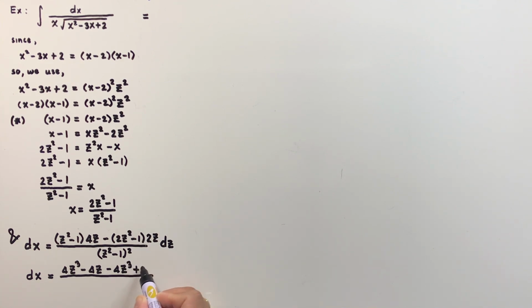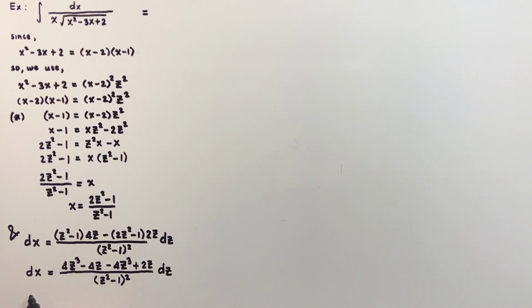And this is added to 2z here with a denominator of z squared minus 1 quantity squared here. So therefore, our dx is equal to the negative 2z, because this 4z cubed and the negative 4z cubed cancel each other. So what remains is this negative 4z plus 2z. And the result from these two terms is negative 2z with the denominator of z squared minus 1 quantity squared.